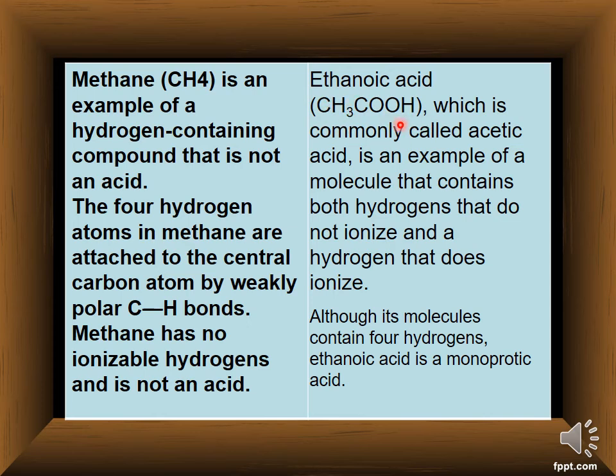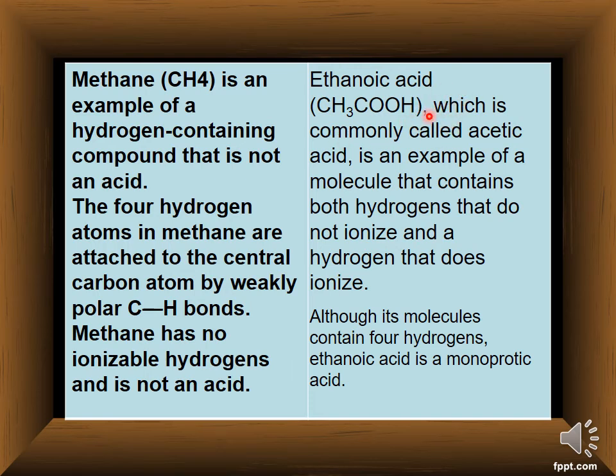But look here, on this side the hydrogen is bonded with oxygen, and oxygen is a very highly electronegative element. The difference in electronegativity causes a partial negative and partial positive here. This partial positive becomes a positive ion and can donate very easily to the water.